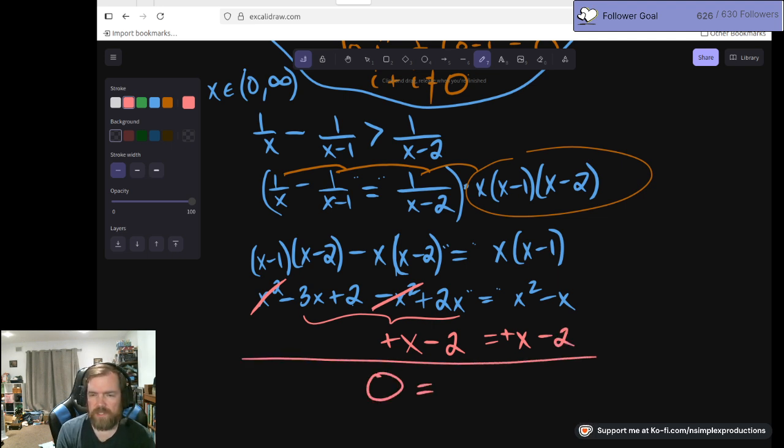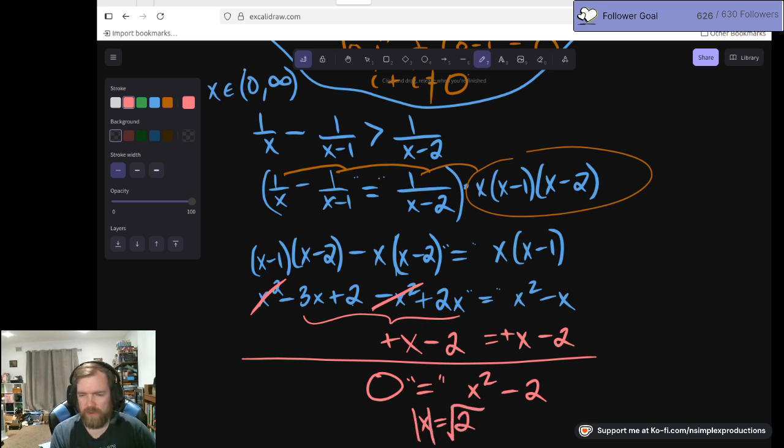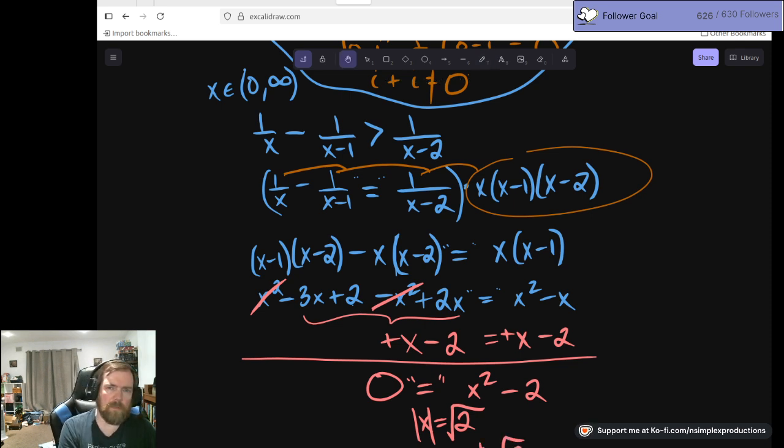It's going to get us 0 is equal to x squared plus x minus x is 0, minus 2. The absolute value of x is going to be the square root of 2, and therefore x can be either plus or minus the square root of 2, where we get boundary points.